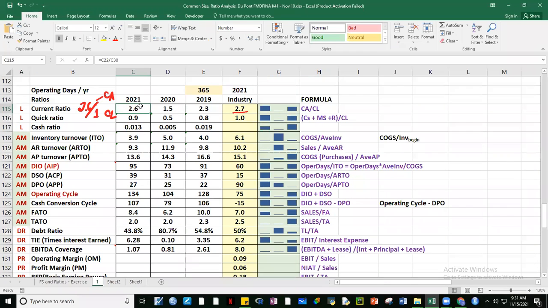Now, again, how do we analyze this? How do we comment on the quality of this current ratio? We benchmark it over time compared to the previous years, and then we benchmark it against the direct competitor or the industry. We say that the company is less capable of paying their current obligations compared to the industry.